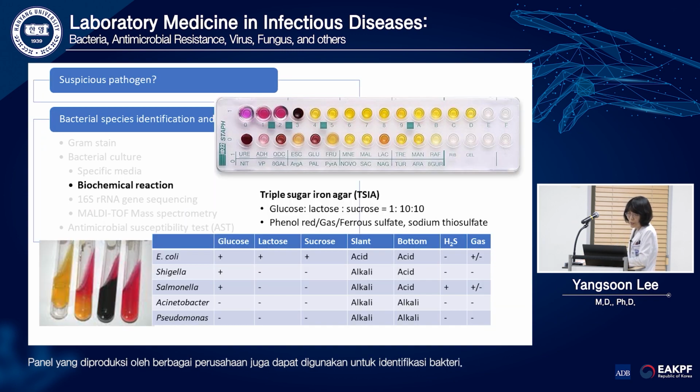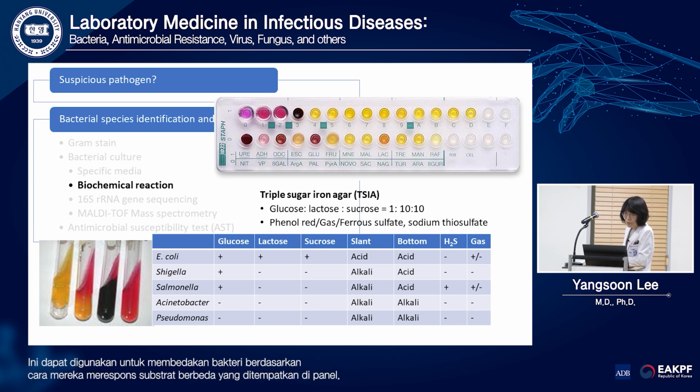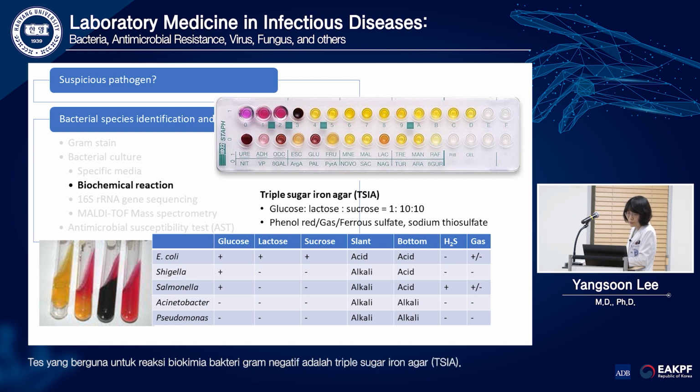These panels produced by various companies can be used for bacterial identification using biochemical reactions. They can be used to differentiate between bacteria based on how they respond to the different substrates placed on the panel. A useful test for gram-negative bacteria is triple sugar iron agar.